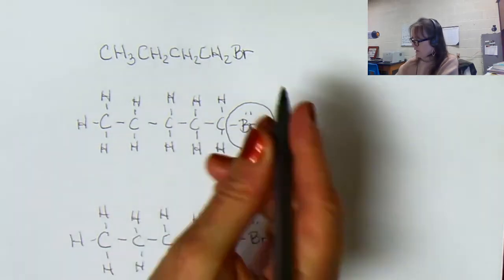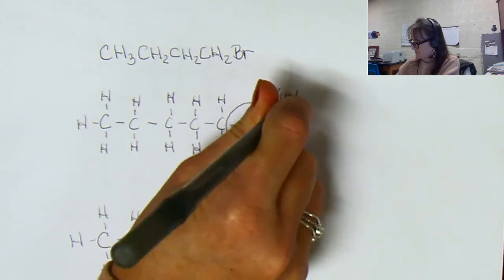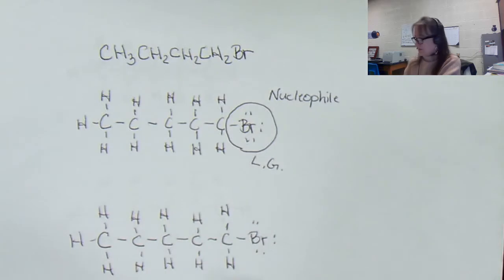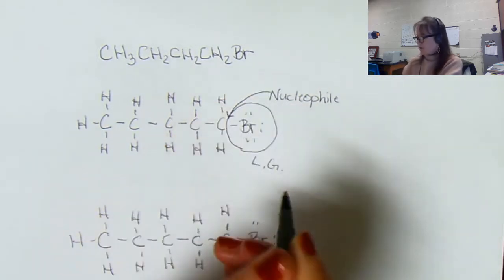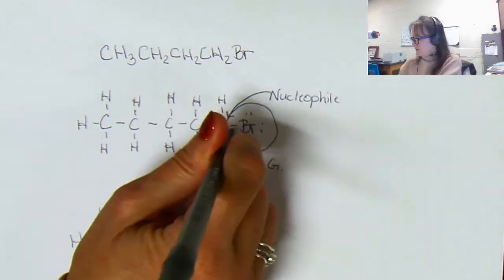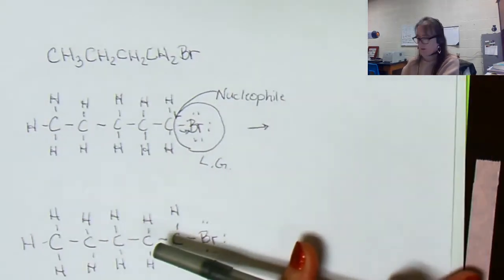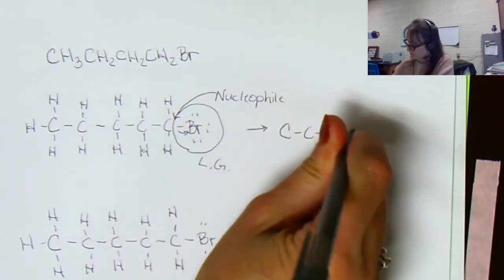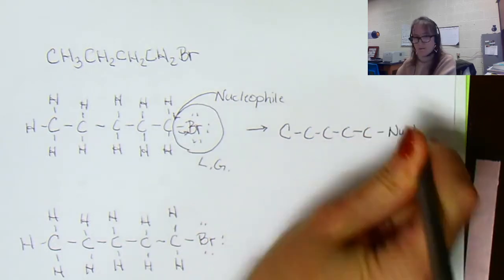So if you have a nucleophile that comes in and goes after the carbon with its electrons so that it wants to form a bond with that carbon, then bromine will leave and you'll have a bromide, and you will have your original carbon chain, but you'll have that nucleophile on the end.